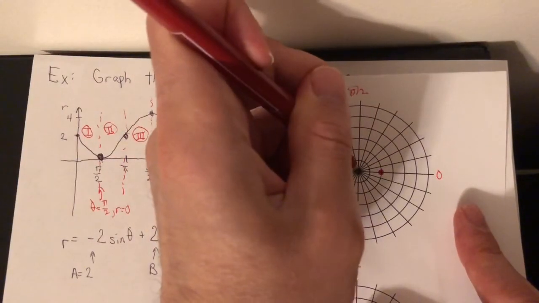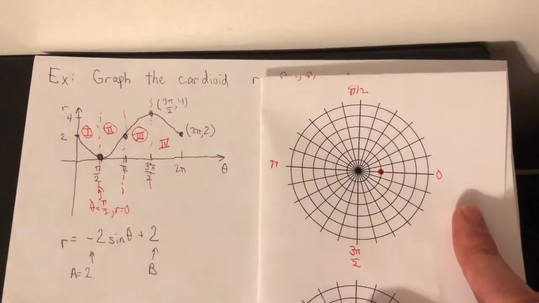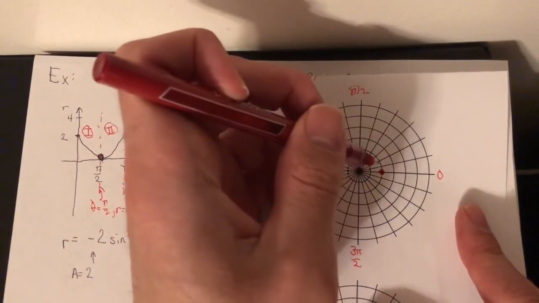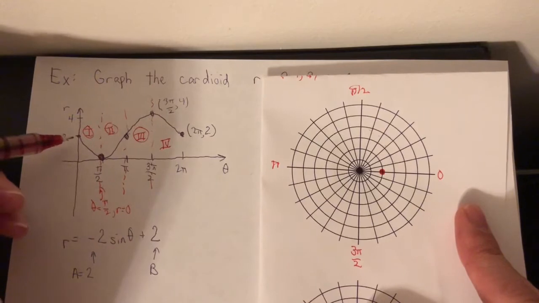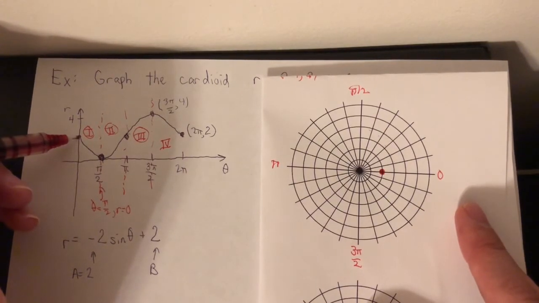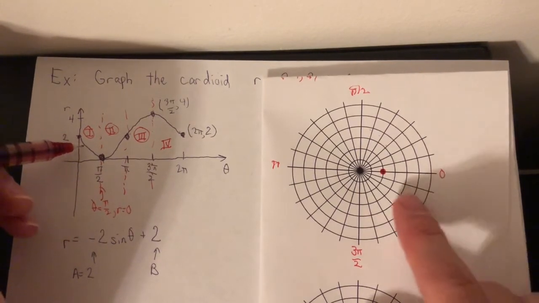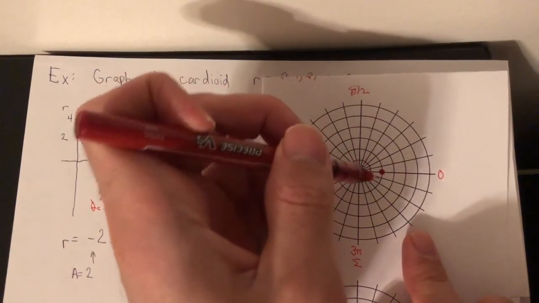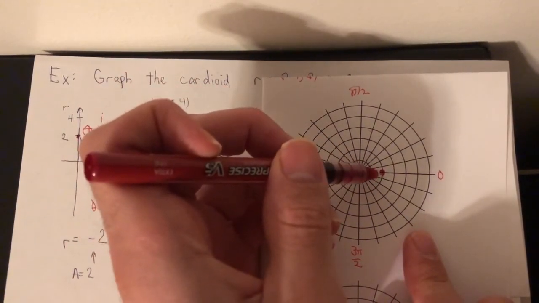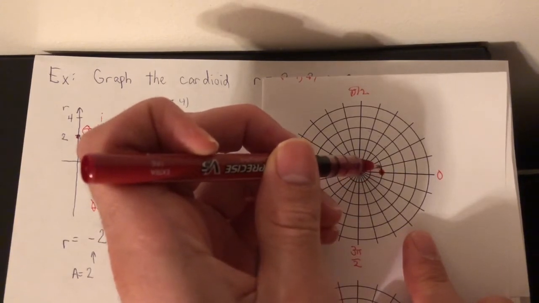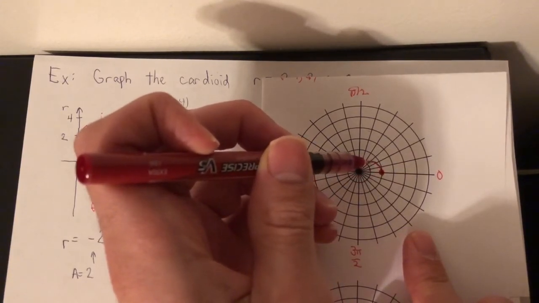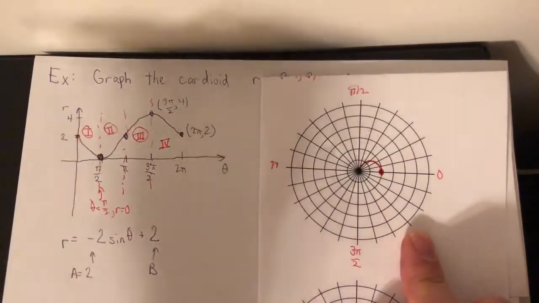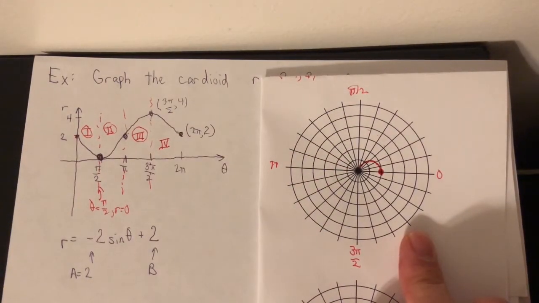So that's going to take me back to the pole. So the first part of my graph, my distance from the pole, is going to gradually decrease as my angle increases from 0 to pi over 2. So as I progress through that first quadrant, I get closer and closer to that pole.